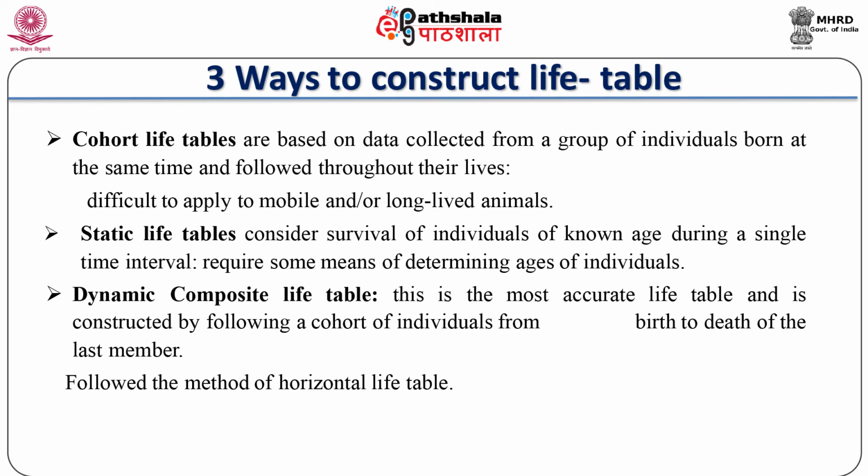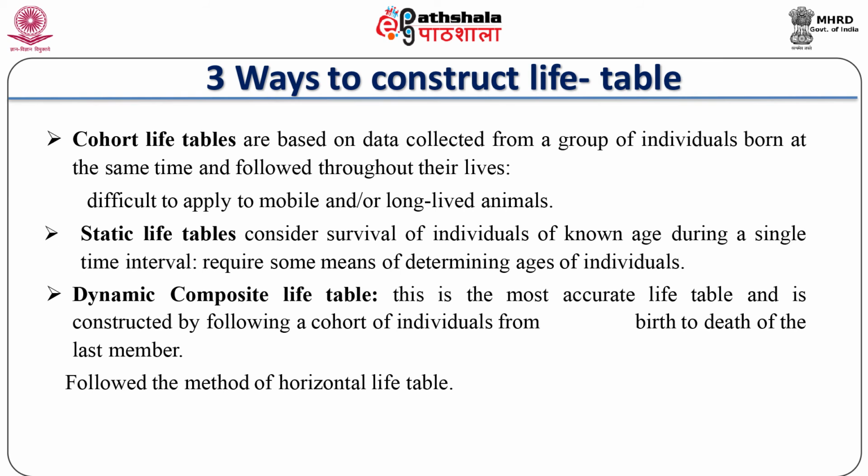There are three types of life tables: the horizontal, vertical and dynamic composite. The first one, that is the horizontal cohort dynamic life tables. These are constructed by following a cohort of individuals where all are born in short span of time. They are mostly used for short living species where generations are discrete.